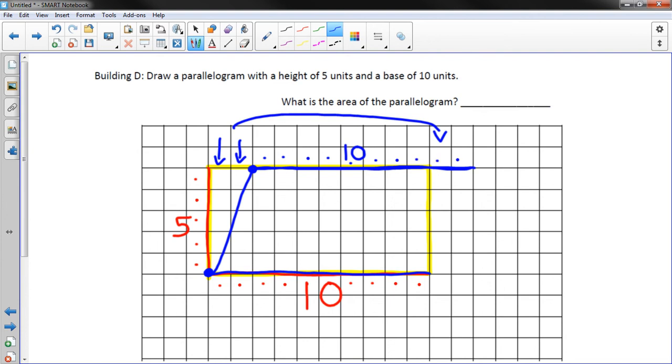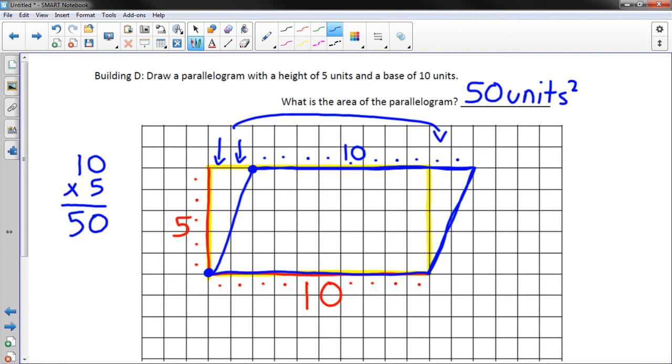Good. And now I can close this up. So it has a height of 5 and a base of 10. What is the area of the parallelogram? Well, it's just a 10 times 5 problem. And that's 50. 50 units squared. Area is 50 units inside.